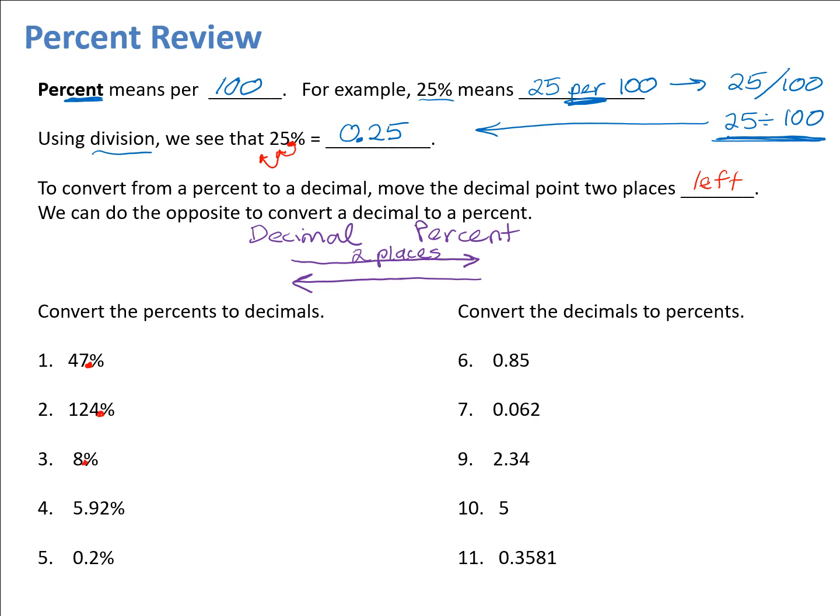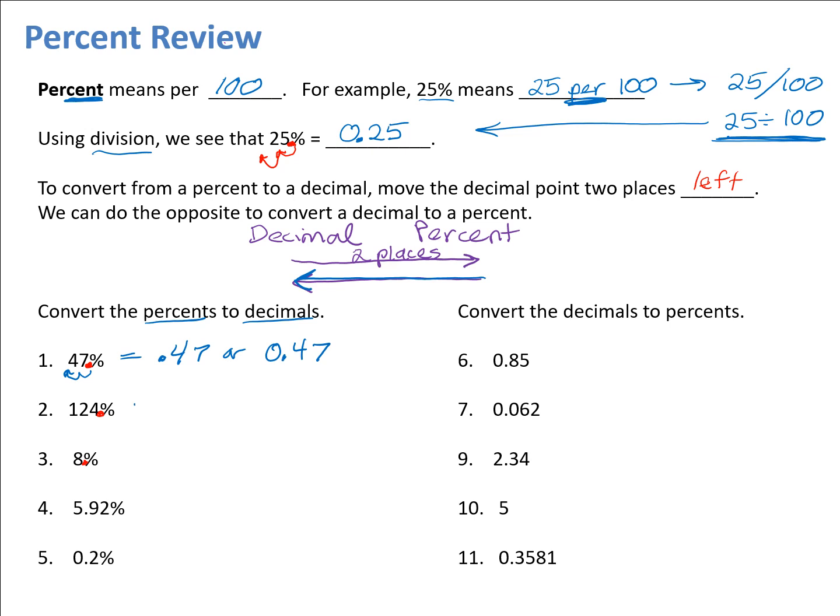Okay, so there's our decimal if you don't see it. All right, so if we want to convert these, if we're going from a percent to a decimal, remember our little trick here, percent comes last alphabetically, so we're going to go left. So we're going to move the decimal point 2 places left, so 0.47. Again, you could write that as .47, your choice.